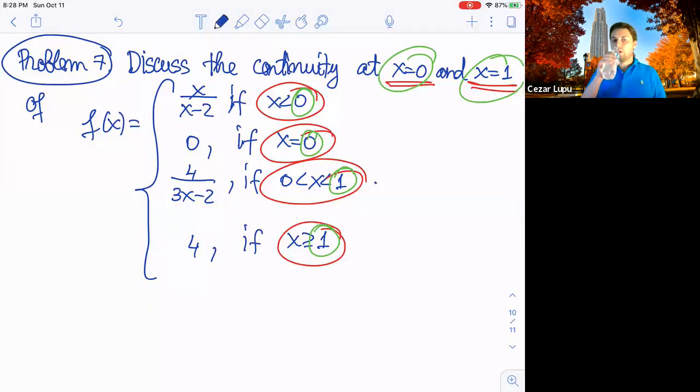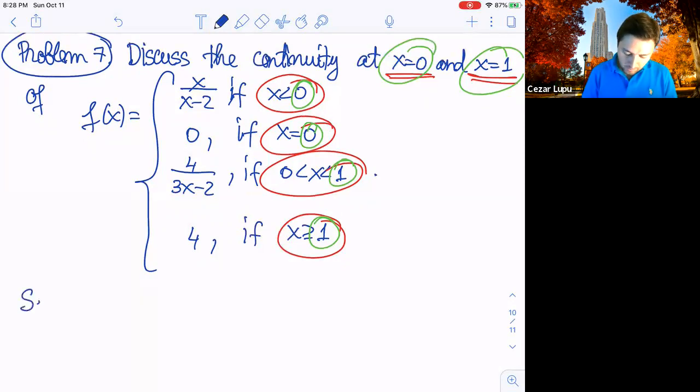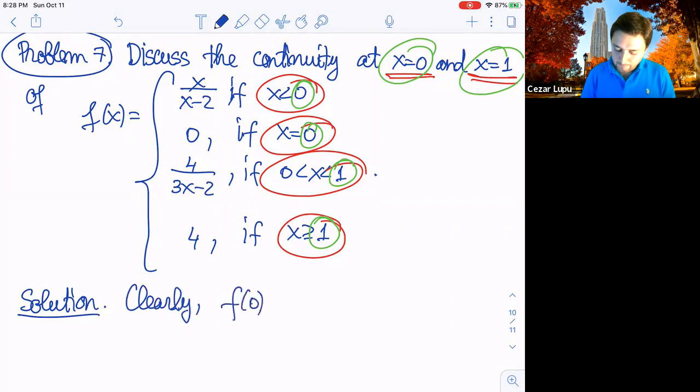So it's clear what happens with the values at 0 and 1. Clearly, f of 0 is 0, and f of 1 is 4.